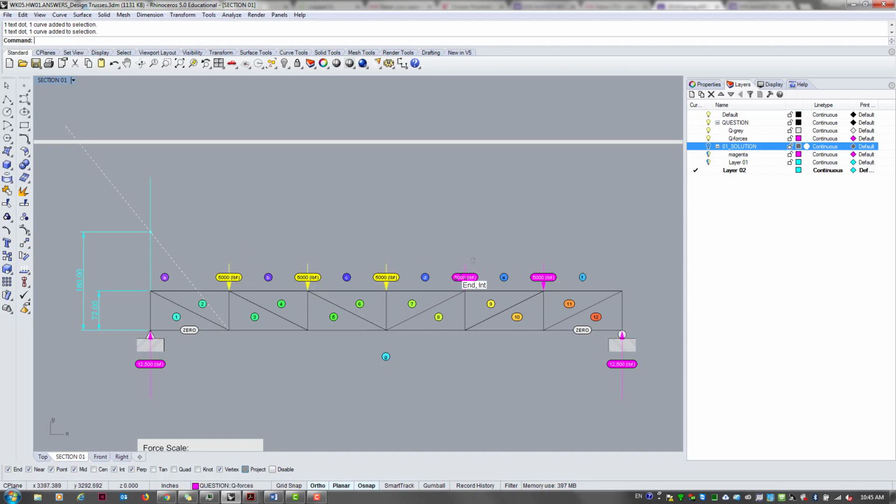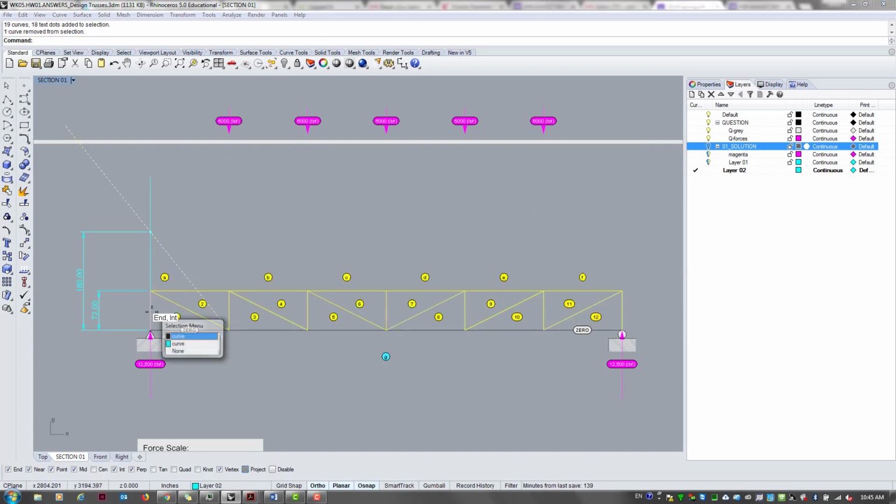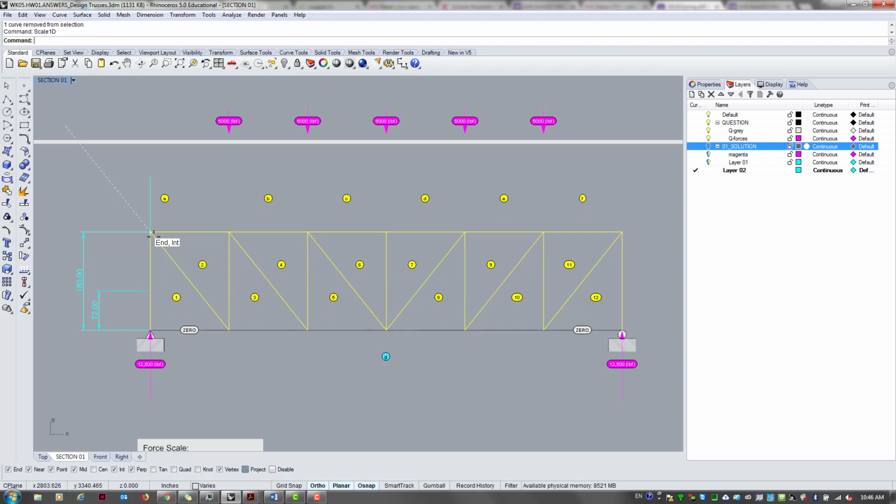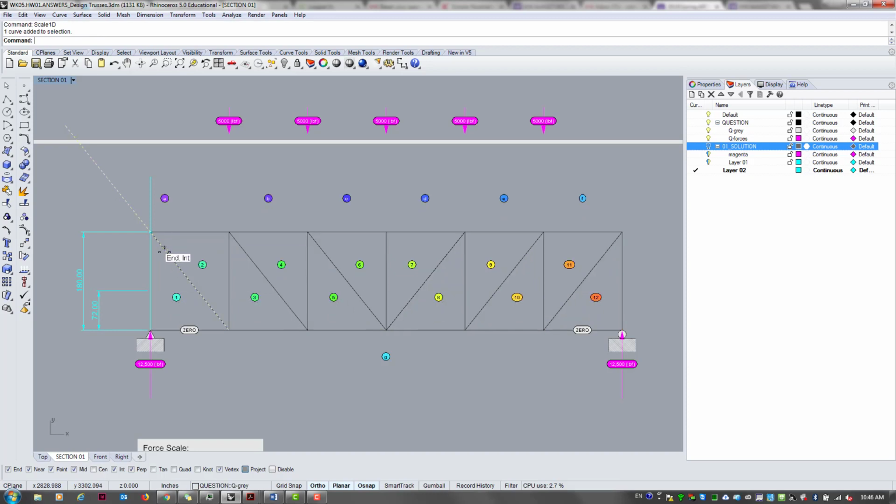These forces are not changing, so I'm just gonna grab them and move to the side for later. And I'm gonna grab this entire truss, right? And I need to do scale 1D and go from this to that intersection point. So now this diagonal member matches exactly what's in the force diagram. And the depth of the truss is 180, and the loading pattern is exactly the same, so I'm just gonna bring this back.